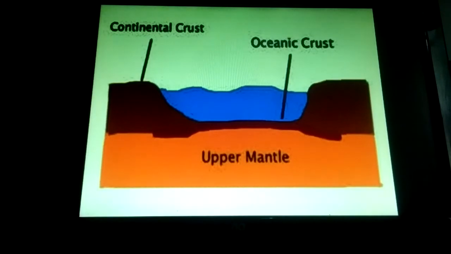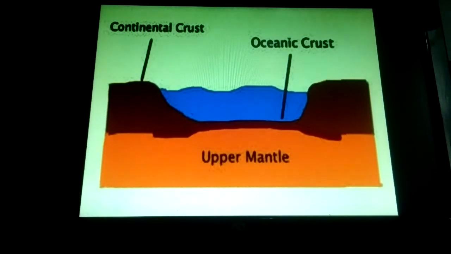Next, let us see the lower part. The lower part is the oceanic crust. It is composed mostly of dense rocks such as basalt, and the basaltic rocks form the ocean floor.